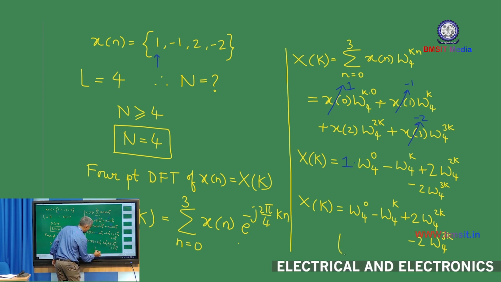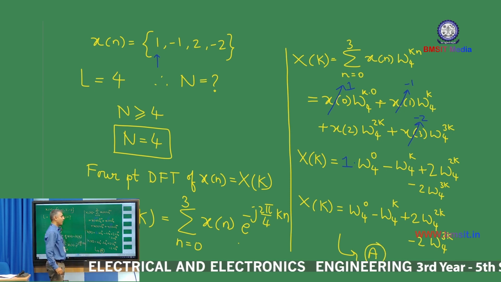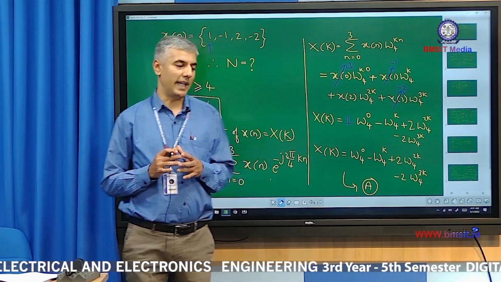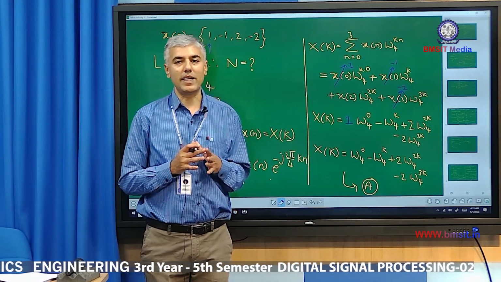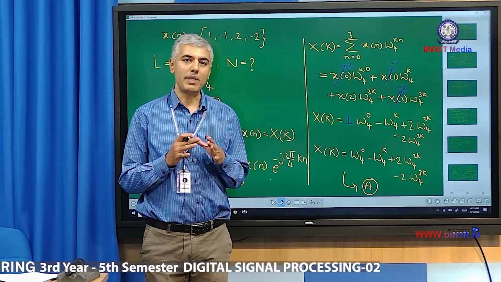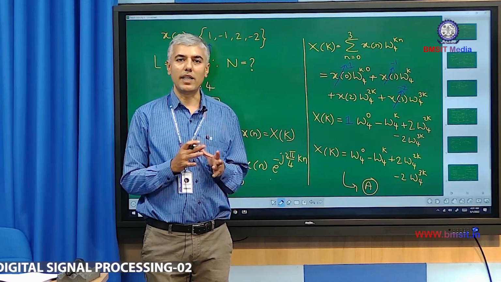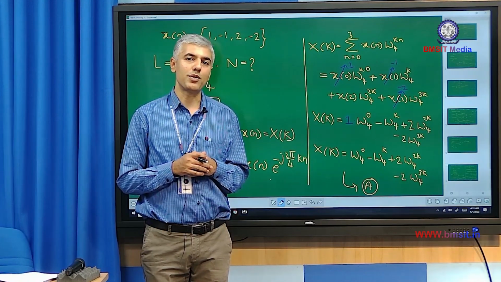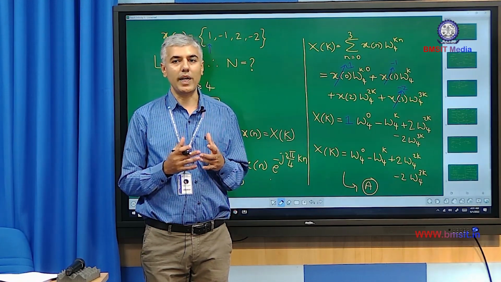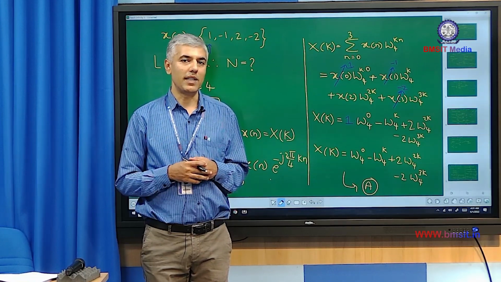This can be called equation A. Now, what is equation A telling? It is telling that x of k, the discrete Fourier transform of x of n, is written in terms of these twiddle factors: W4 raised to 0, W4 raised to k, W4 raised to 2k and W4 raised to 3k.